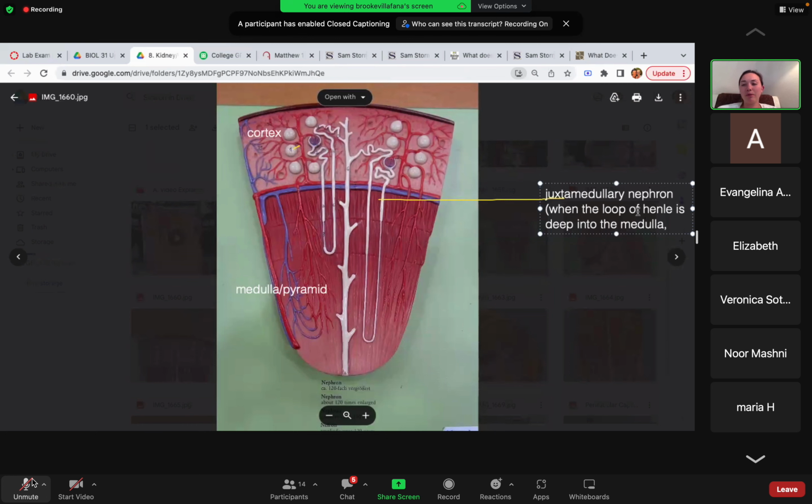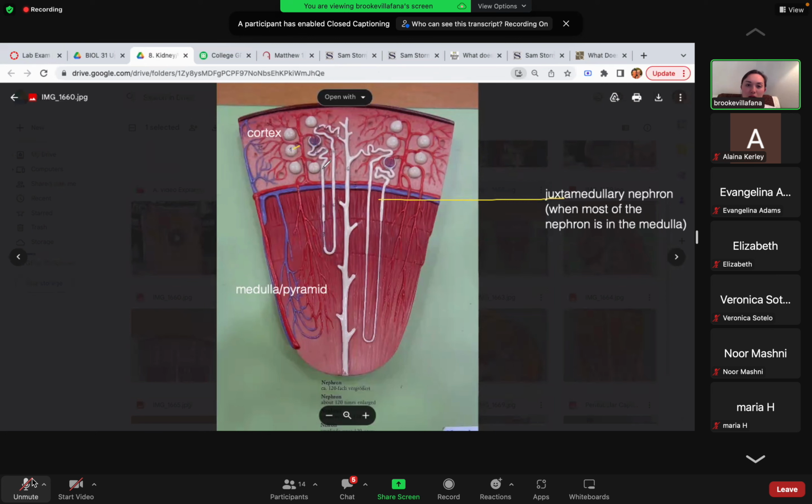Another way of thinking about the juxtamedullary, it's probably simpler, is when most of the nephron is in the medulla. So if you look, this is juxta, which means near, right? Juxtamedullary, near the medulla. So most of that nephron is in the medulla.